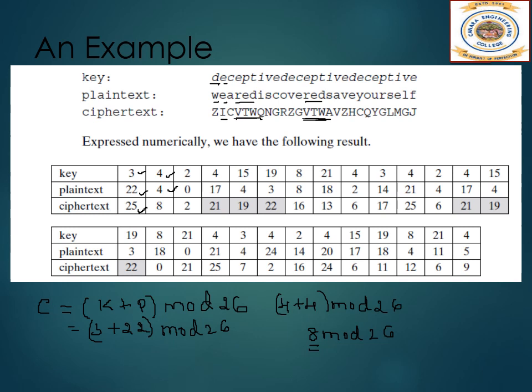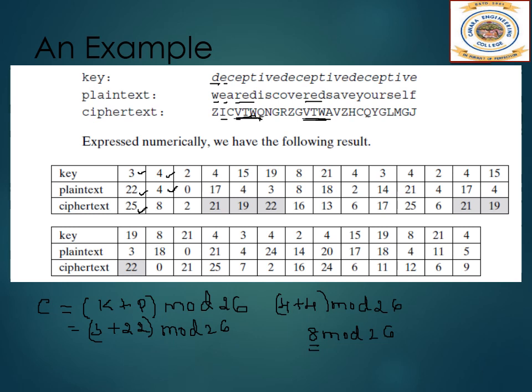So it means we can assume that either the keyword is 3 long, consisting of 3 letters, or its length is 9. So the analyst will assume that the keyword length is either 3 or 9.